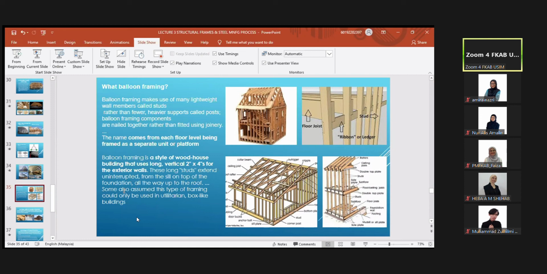Some also assume this type of framing could only be used in utilitarian or box-like buildings. But I see most of the US buildings are housing, mostly individual houses, a single family house made of this kind of construction frame.